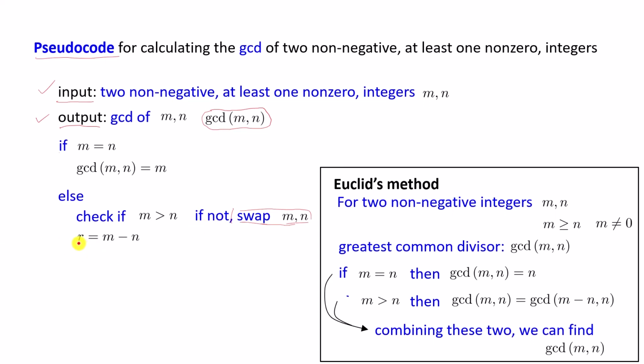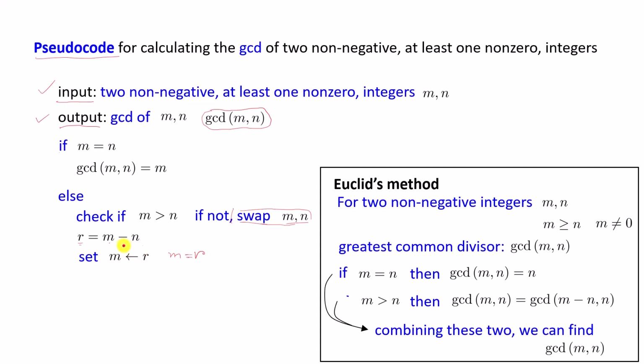After the swap, I define this r, which is m minus n. And then I put this r in m. So essentially in most programming languages, we write this m equals r. Python also we write m equals r. But then it means that it is not a mathematical equality. This equal sign in programming language only means that the value that I have calculated as r, I am putting that in m.